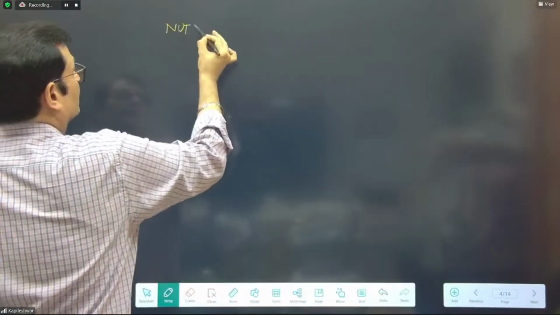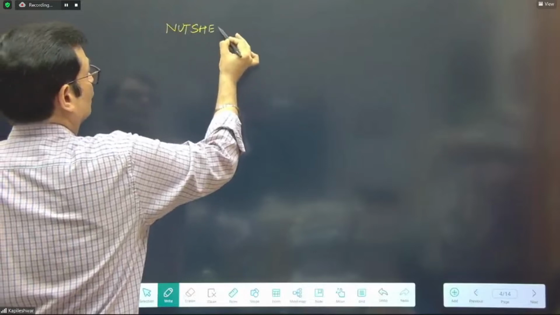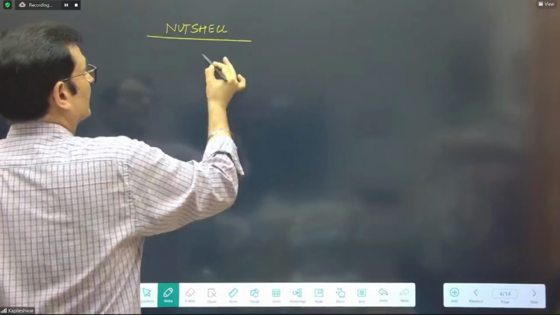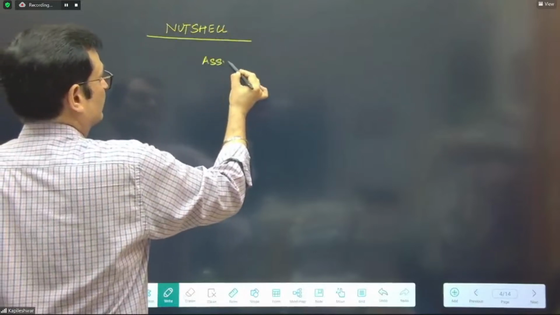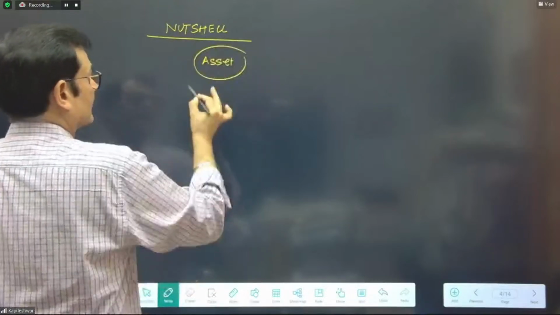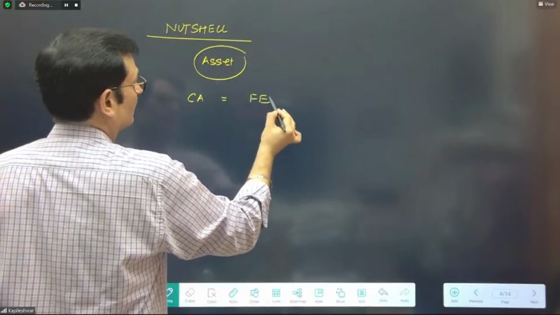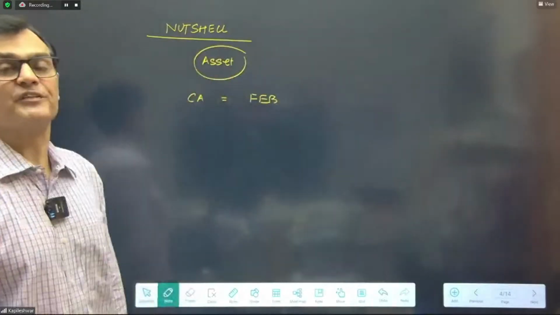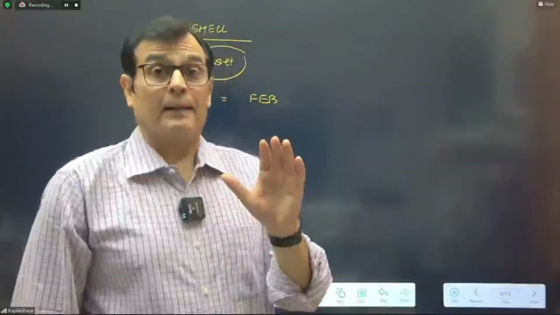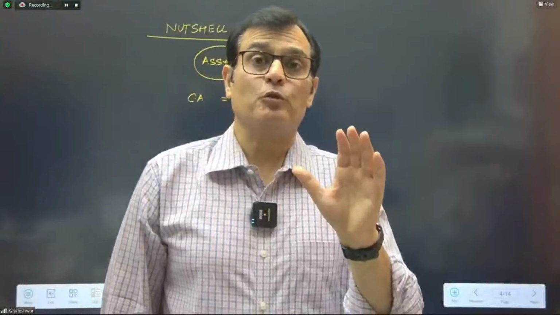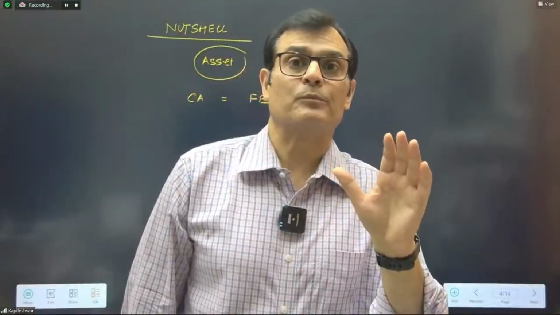So, in a nutshell, based on our discussion so far, if I'm looking at an asset, as I said earlier, the carrying amount is synonymous with future economic benefits. I'm not looking at a situation where the future economic benefits are not taxable.